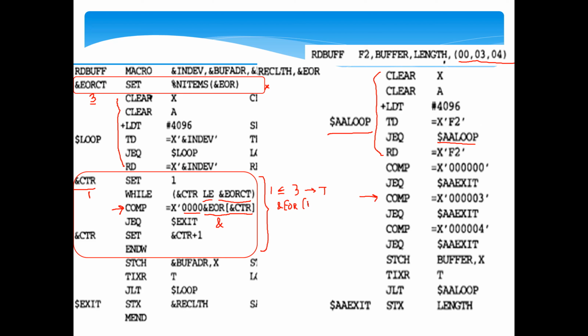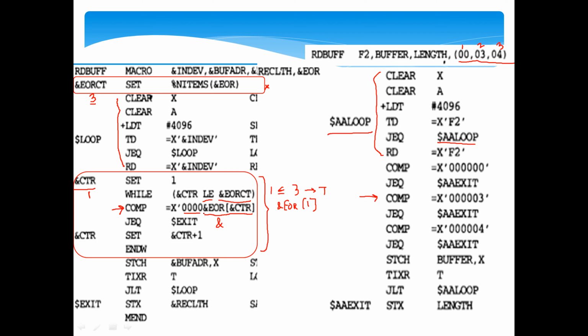What is the value of CTR? It is 1. So it's like indexing the array, indexing the list. This 00 is at position 1, 03 is at position 2, and 04 is at position 3. That's how they have indexed the list. Normally, when you use an array, it is indexed with the starting position 0, right? But here they have assumed that the starting index is 1, and that is why it has been indexed starting from location 1.